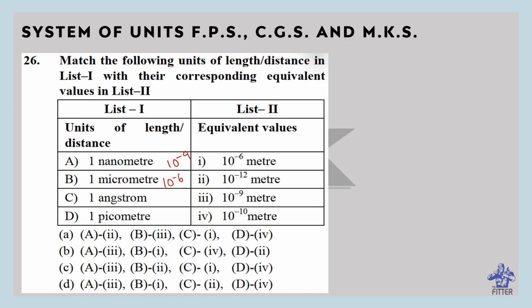Angstrom means 10 to the power of minus 10. One picometer is 10 to the power of minus 12. So here the answer is option B. A is 3, B is 1, C is 4.